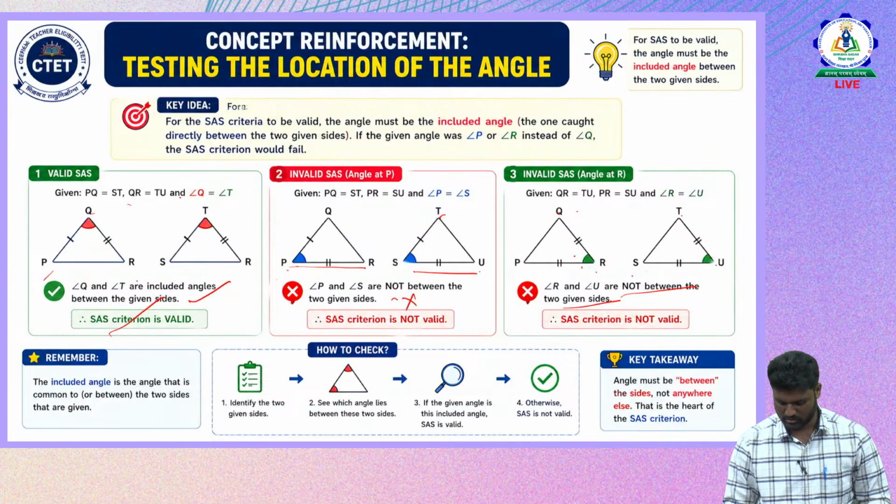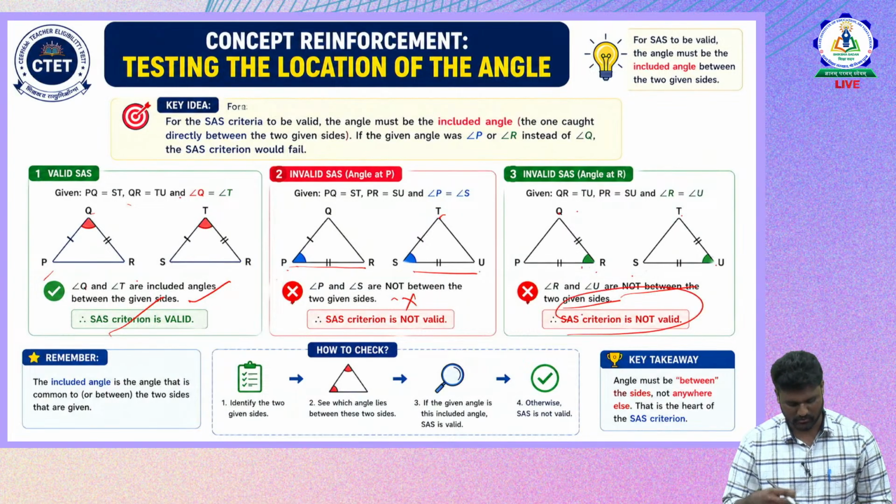So therefore we say that it is not valid, even though the triangles may be congruent. If the angles are not between the given sides, then it is not a valid SAS criterion. So the angle must be between the sides, not anywhere else. That is the heart of the SAS criterion.